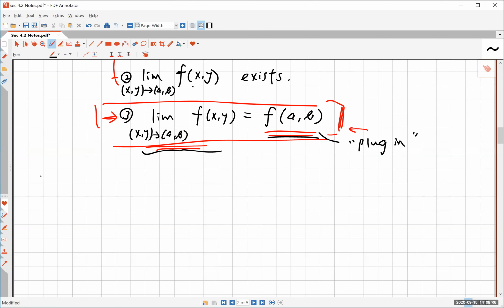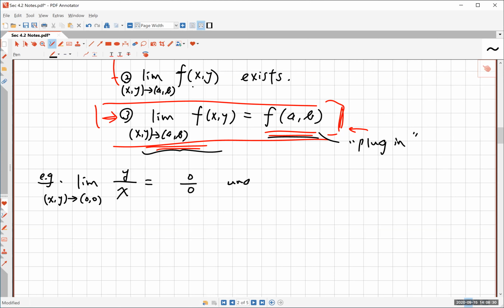All right, so with that in mind, let me give you an example of this. What do you think the limit of this function is, y over x, as x and y approaches 0, 0? Okay. The answer is not 0 over 0. This is probably the worst thing that you can write.